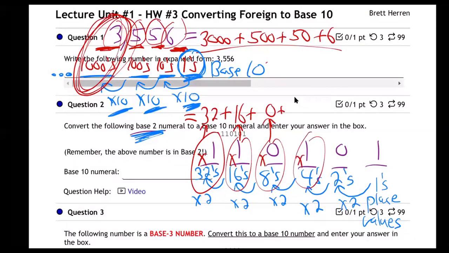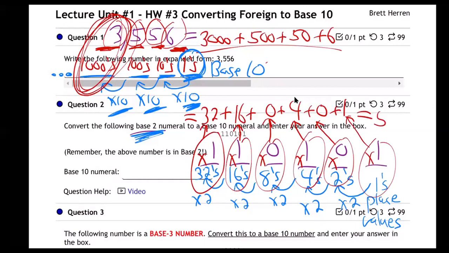Plus 1 times 4, which is 4. Plus 0, what's 0 times 2? It's just 0, right? 0 times anything is 0. And 1 times 1 is 1, and then you just add them up. That's 53, and that's our answer, 53.